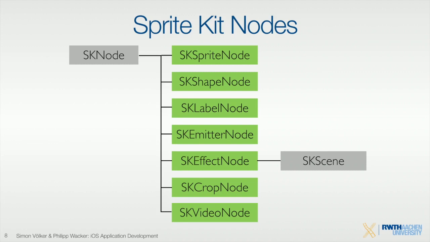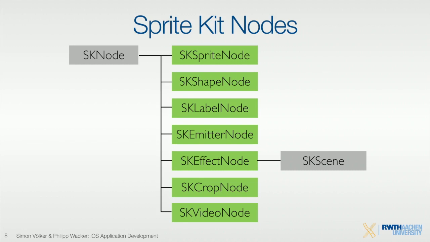You have shape nodes where you can define a certain shape using a Bezier path or some kind of drawing, so it doesn't have to be a rectangle but can be a different shape. Labels for text, emitters for particles. Effect nodes let you put some kind of image filter on top of things, like a Gaussian blur on your scene if you want.